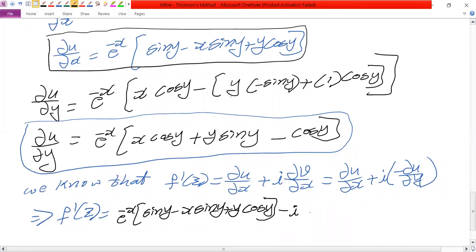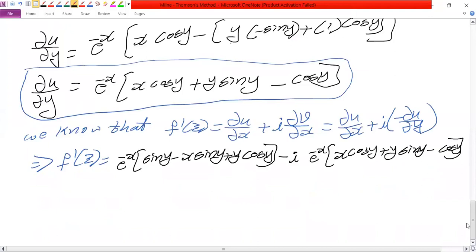What is dou u by dou y? e power minus x into cos y plus y into sin y minus cos y. This is f dash of z.